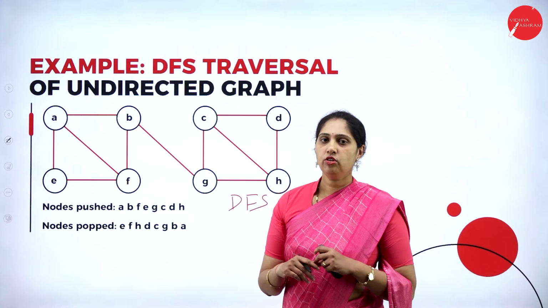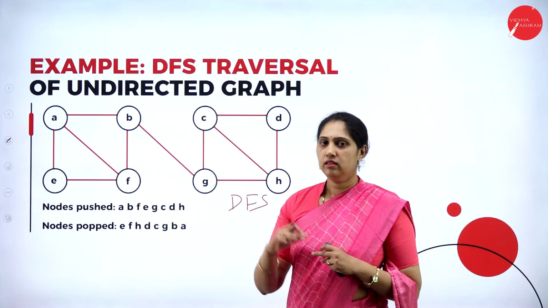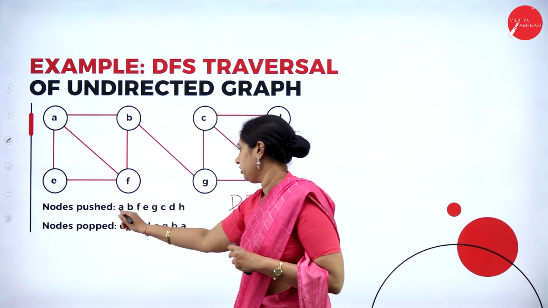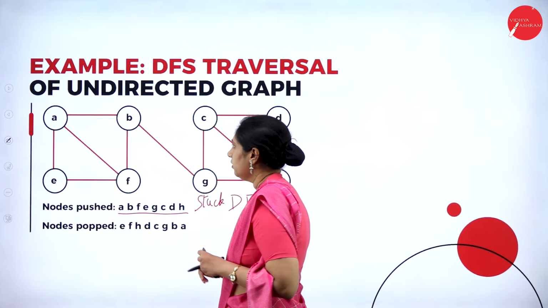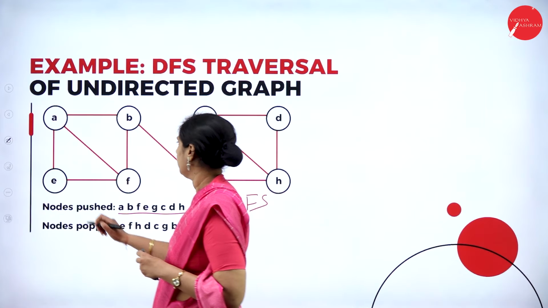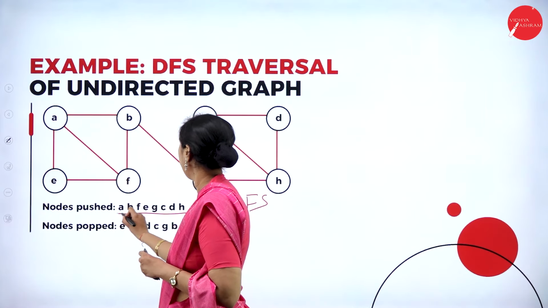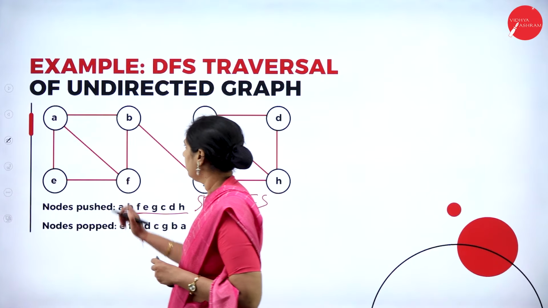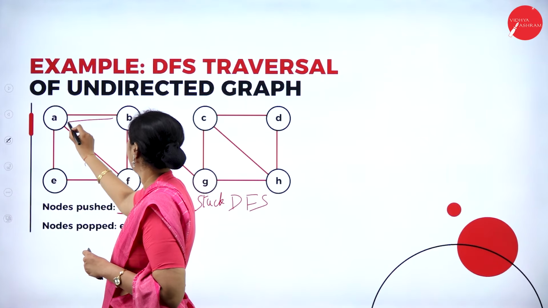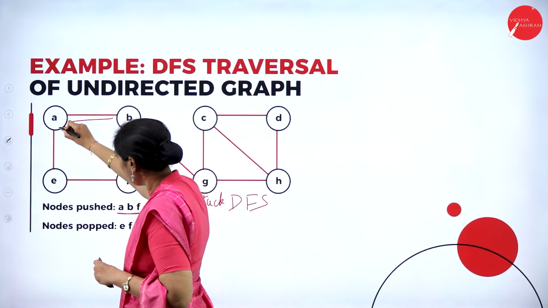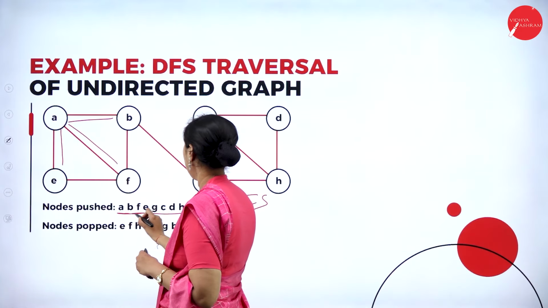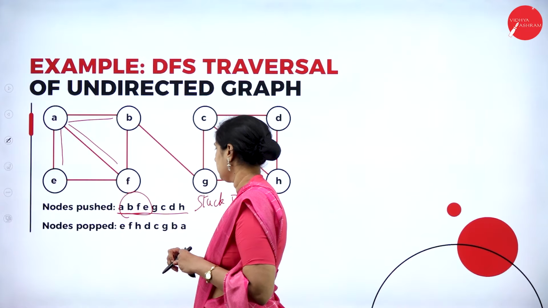First, we said it works on a stack. The very first node is pushed onto the stack. So I'll take A. From A it will go to B, F. So B, F is visited. Then another edge is there, so you can write down E also. So A, B, E. This completes.